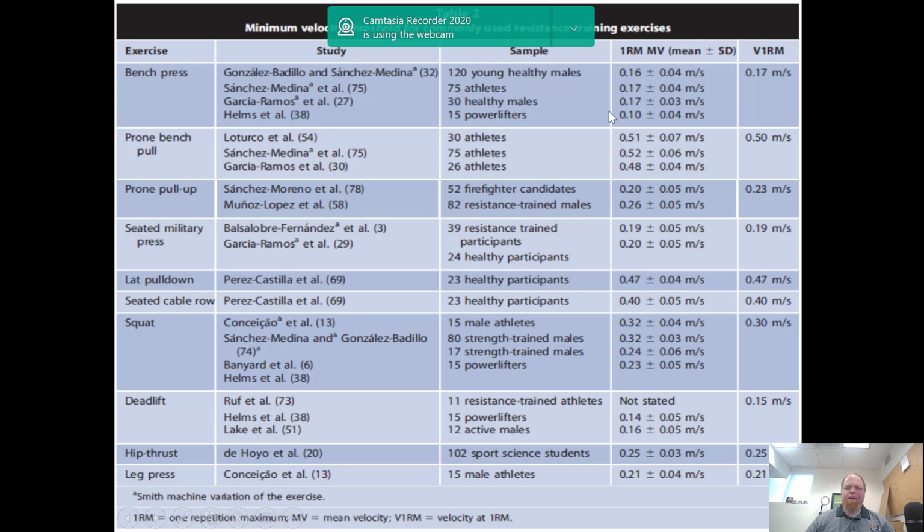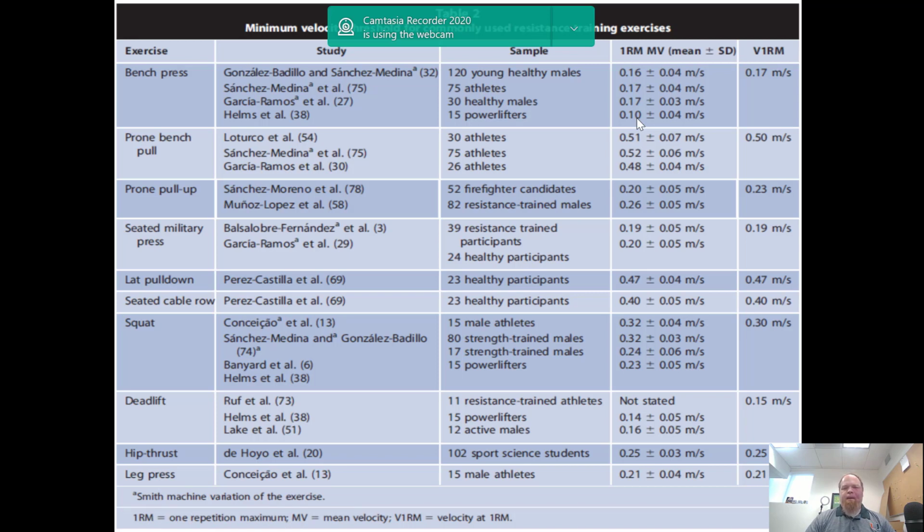And if you notice, the people that use resistance training as GPP, just as general physical preparedness to enhance the results of something else, we can see that their velocities are much faster than the power lifter, who's at 0.10. Now, this is an example of what's often referred to as neuromuscular efficiency.